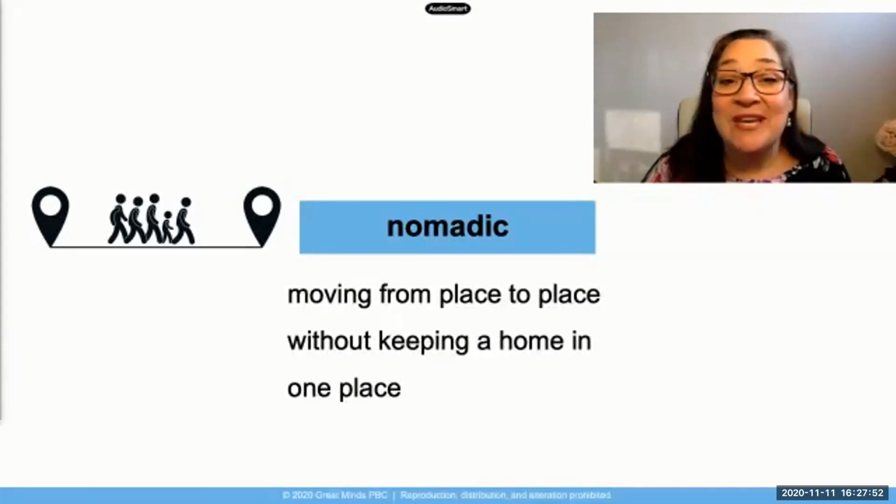Now, let's read the definition. Moving from place to place without keeping a home in one place. Oh, now that makes sense why I see people moving from one place to another. An interesting thing about nomadic is they don't have a home just in one place. They make their home wherever they go. So that icon is going to help me remember the word nomadic.